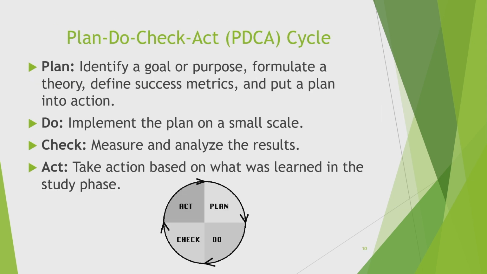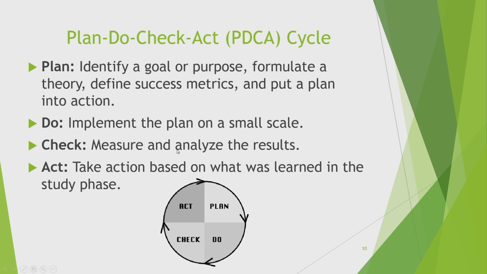Now in TQM terminology, there is one cycle called the PDCA cycle, plan, do, check, act, which has been shown here graphically. The first step is that you have to plan something: identify a goal or purpose, then formulate a theory, then define success metrics and put a plan into action.